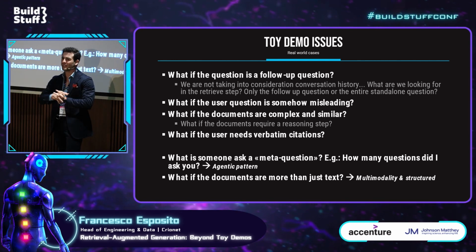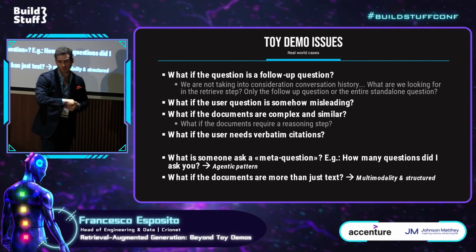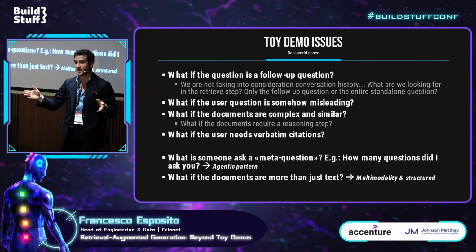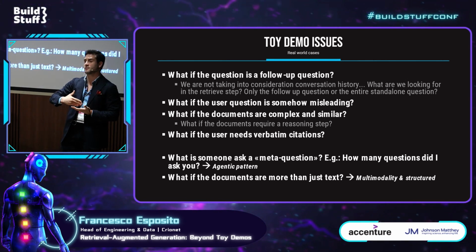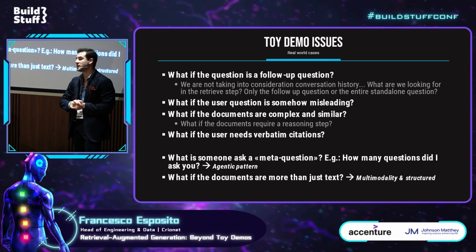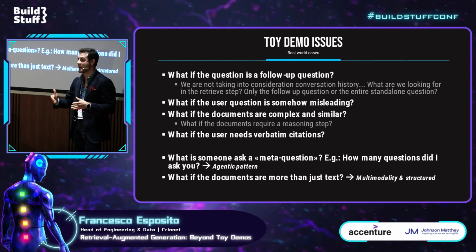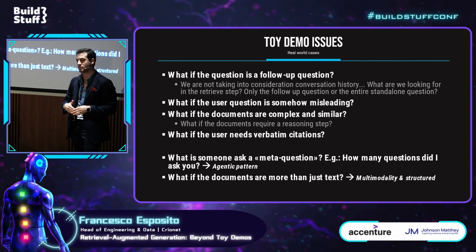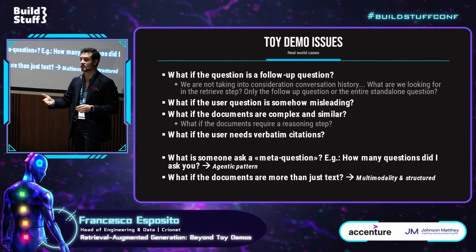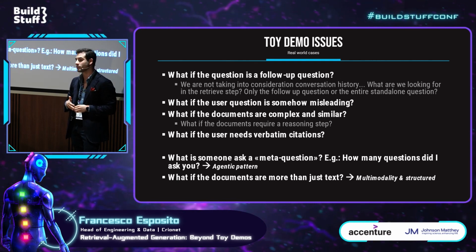Because if I'm talking about, I don't know, financial reports, I ask, what was the number of employees from Microsoft last year? It gives me a number, and then I ask, what about 10 years ago?